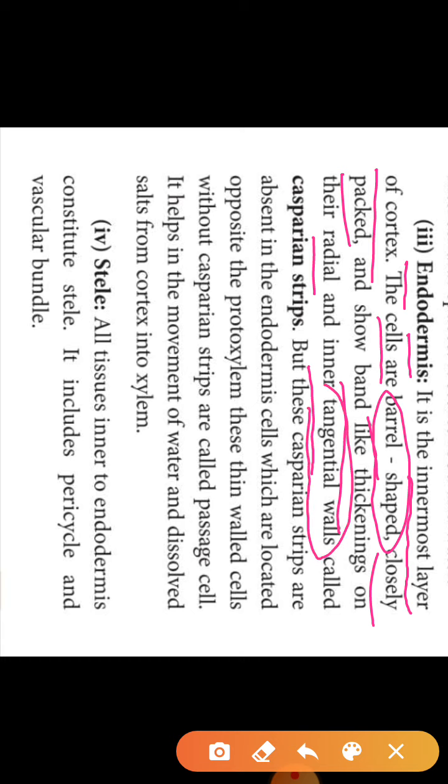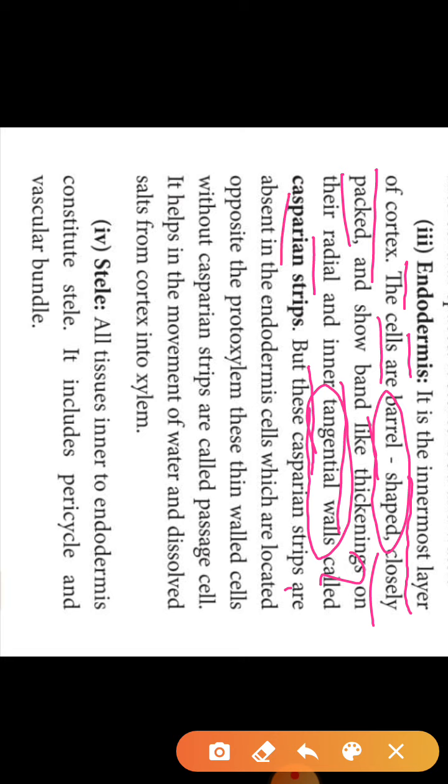Tangential walls means oriented parallel to the structure. Therefore, we know this is known as Casparian strips, which are on the tangential wall.